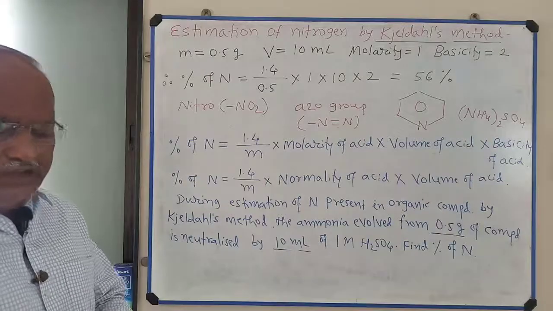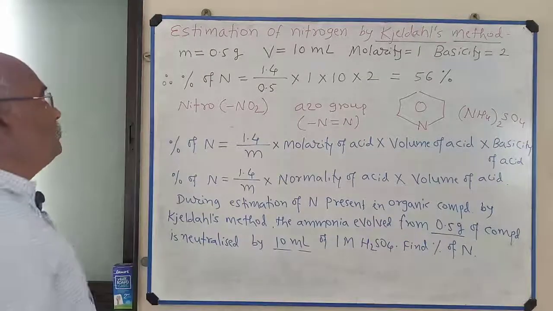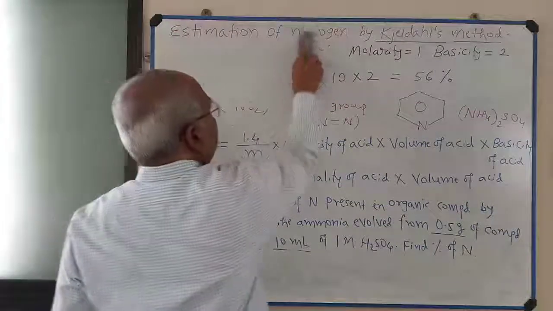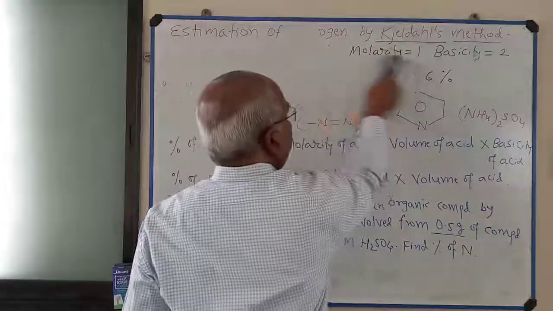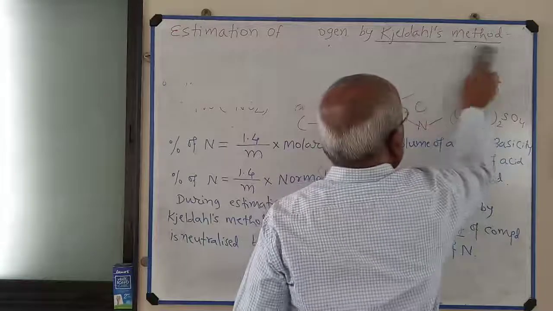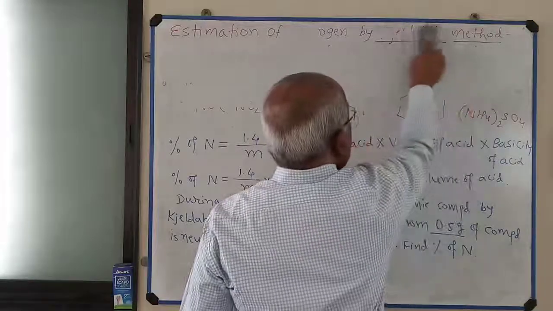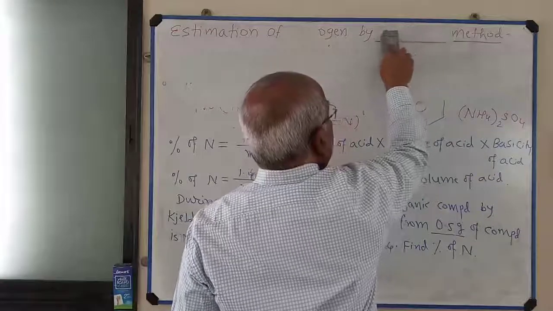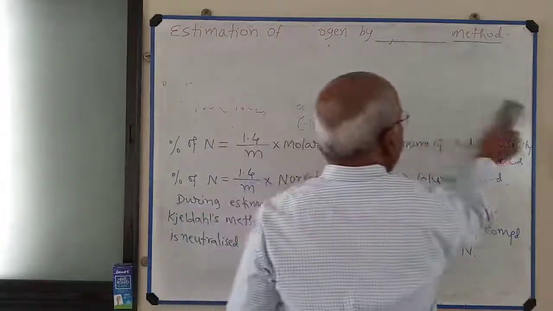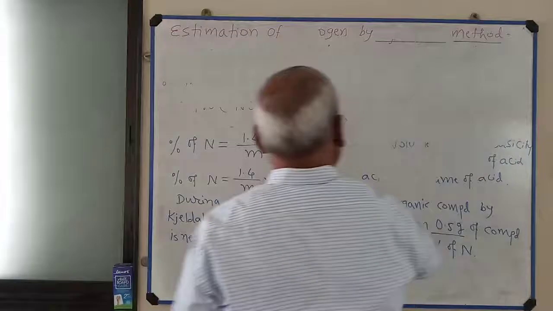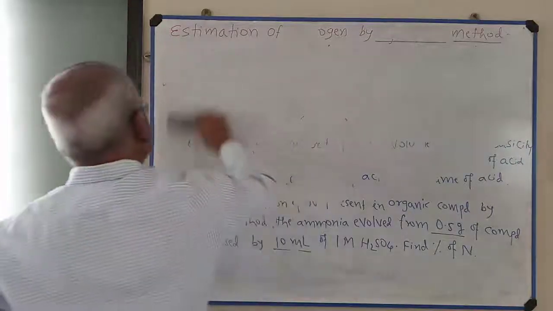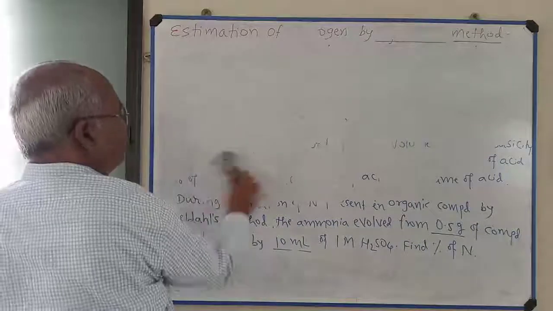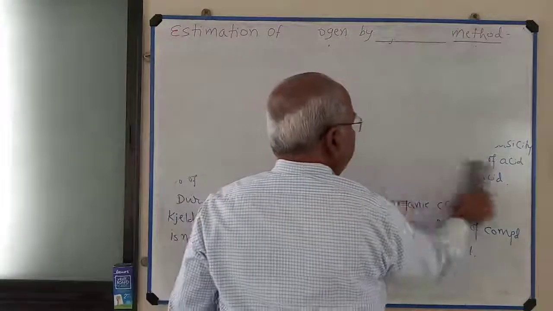After explaining this, I am going to explain estimation of halogen by Carius method. You know that fluorine, chlorine, bromine and iodine are called halogens.